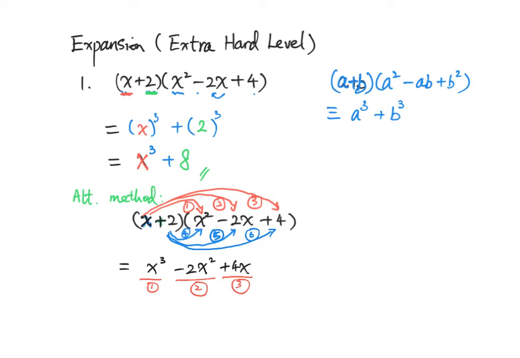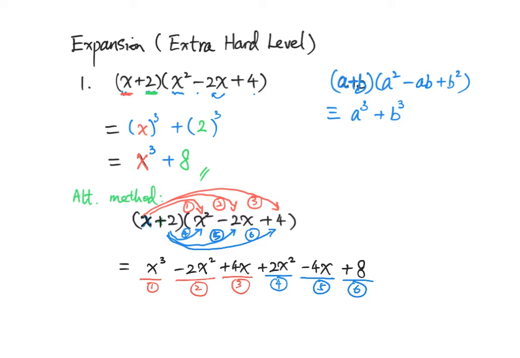Positive 2 times x², which is positive 2x², this is number 4. And positive 2 times negative 2x, which is negative 4x, so this is number 5. And positive 2 times positive 4, which is positive 8, so this is number 6.